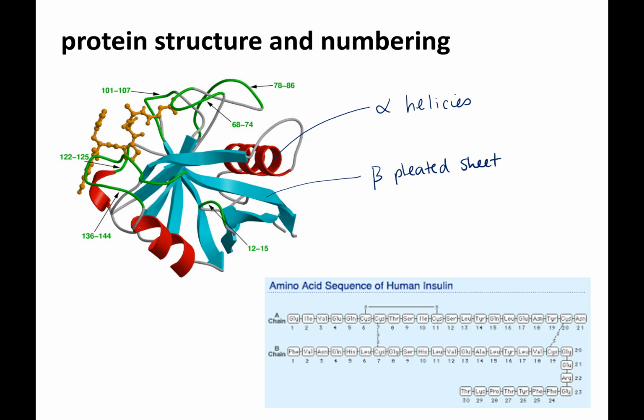And then you might have these connecting lines. All of these lines are a chain of amino acids that make up the protein. So this would be a loop connecting an alpha helix and a beta-pleated sheet.